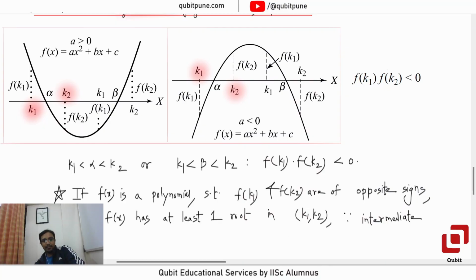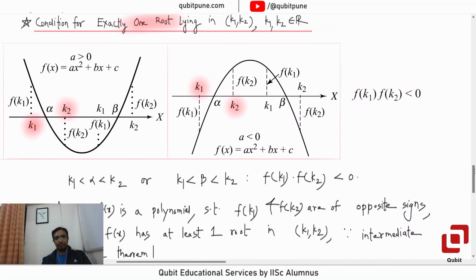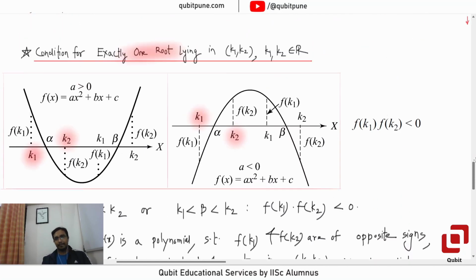Do you understand that? The intermediate value theorem applies to continuous functions. Polynomials are continuous, so you can extend it to any other polynomial function.